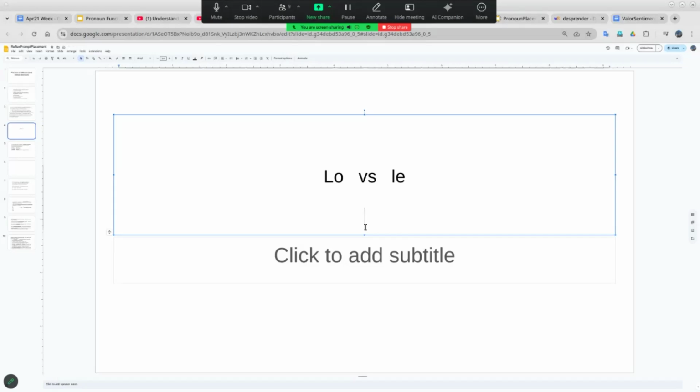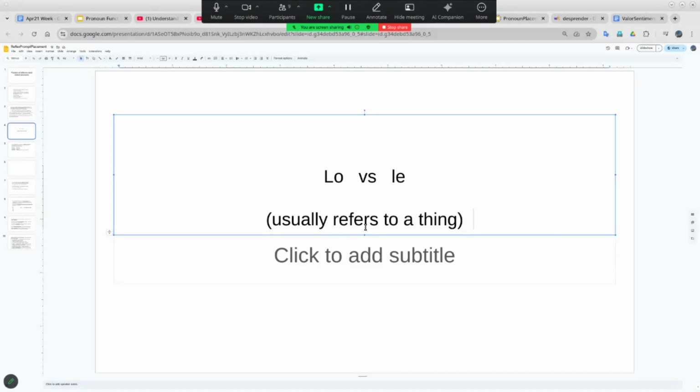Lo, in most cases, usually refers to a thing, but that's not going to be 100% of the time. So you have to be a little comfortable with the discomfort of lo can sometimes mean a human being.